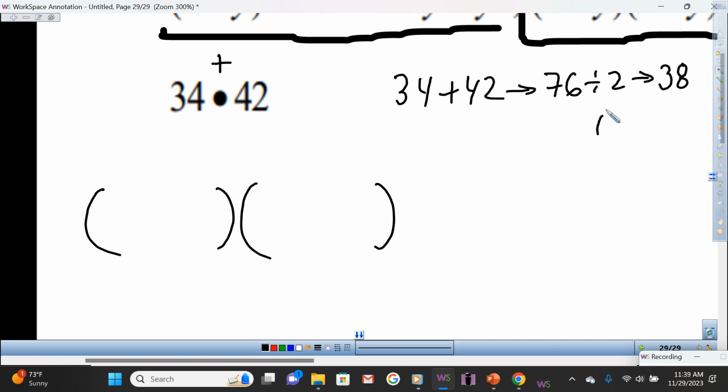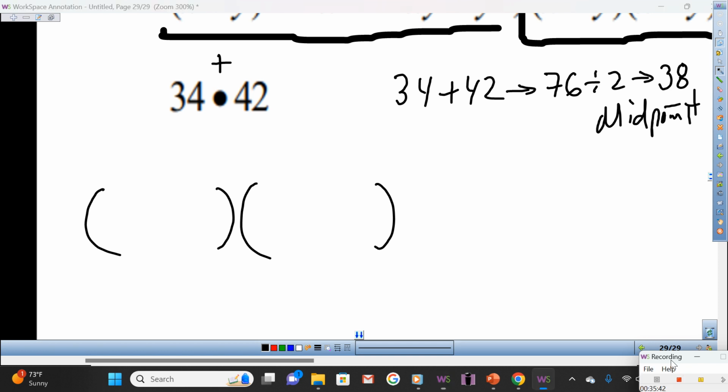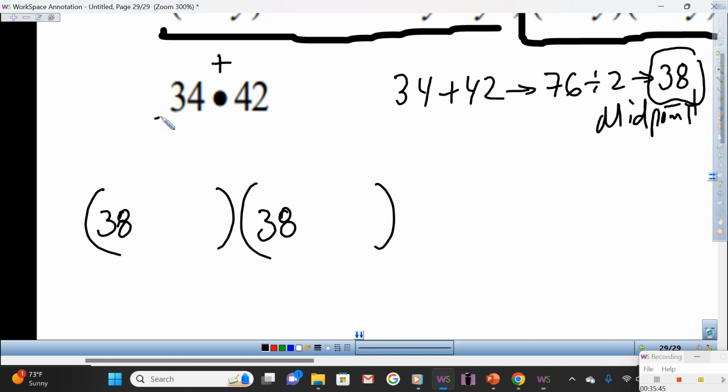This is what we call the midpoint. Copy that really quick. Midpoint. Mr. Q, what do I do with this new midpoint? Well, we need to write 38 here and 38 here, and use that number to write my two numbers.